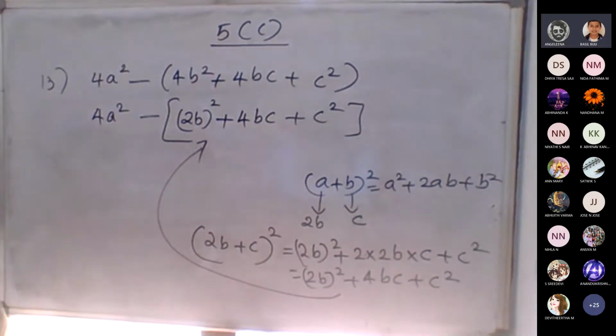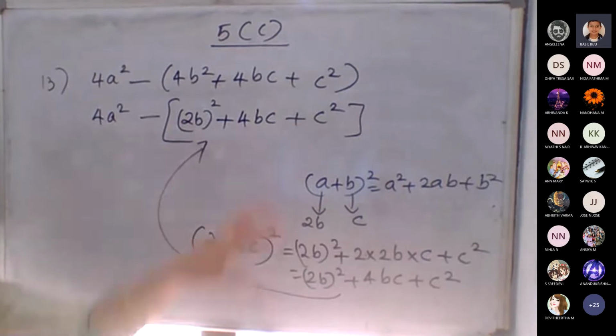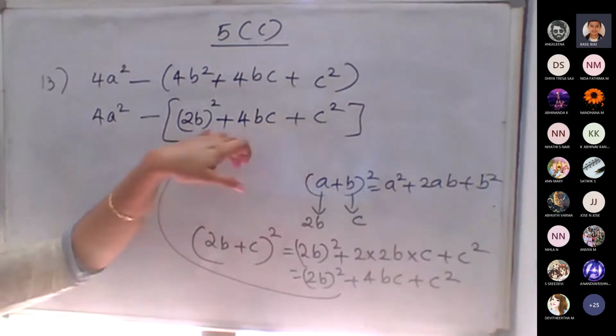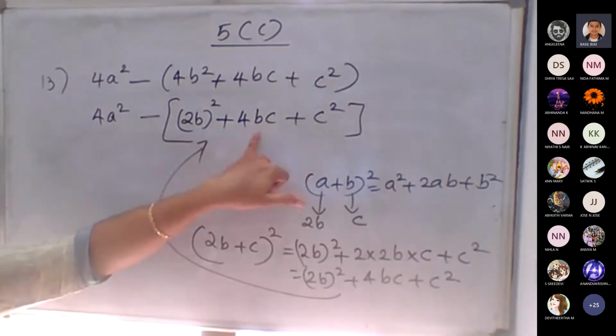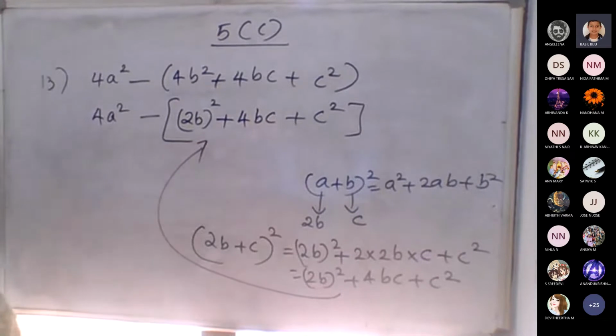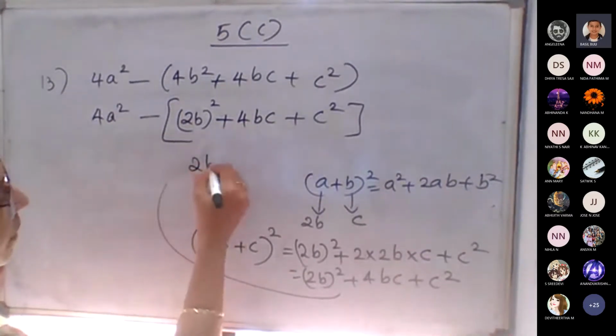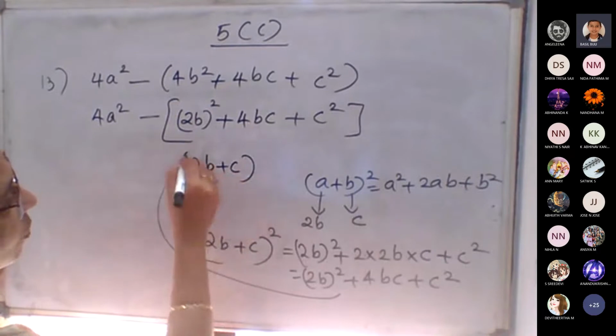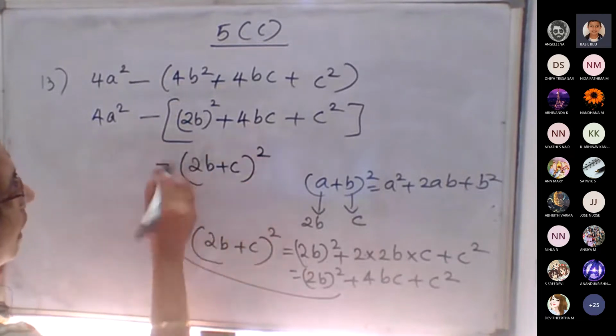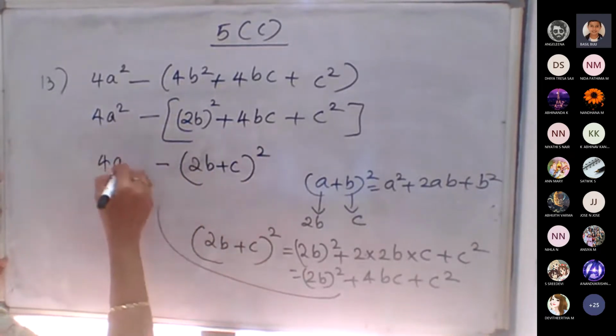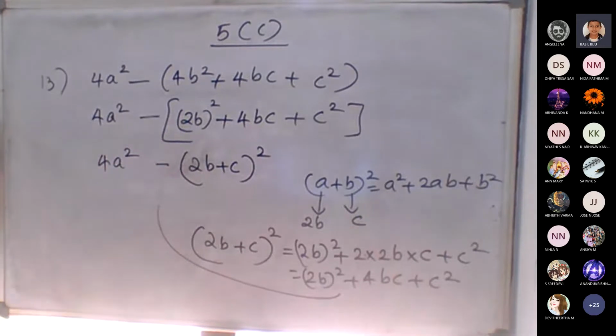Yes, ma'am. So instead of this, 2b the whole square plus 4bc plus c square, we can write it as 2b plus c the whole square, minus already 4a square is there. Any doubt in this step?